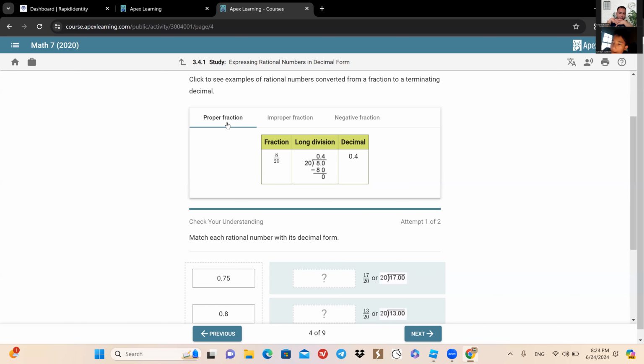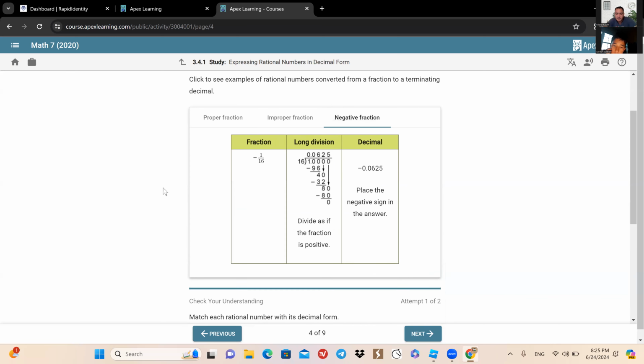And how about an improper fraction? Improper fractions are where the numerator is greater than or equal to the denominator.